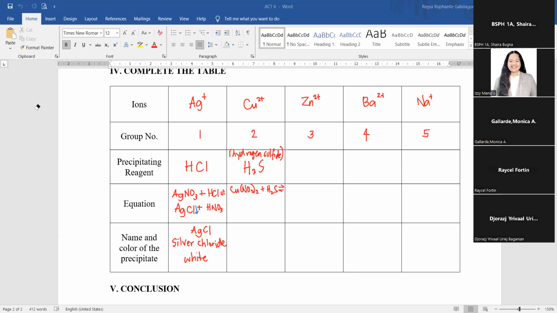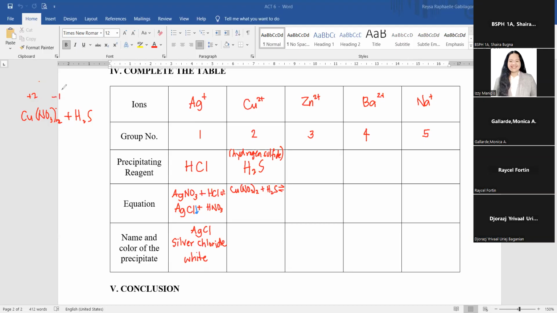Mag-erase muna natin ito. Okay. So, this is copper nitrate and then H2S. Looking at their charge, si copper dyan, positive 2. Cross multiply or crisscross, I mean.